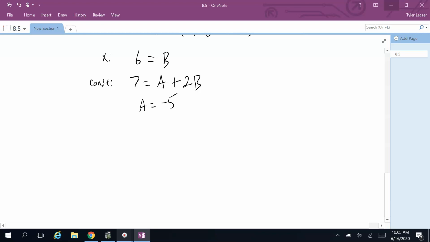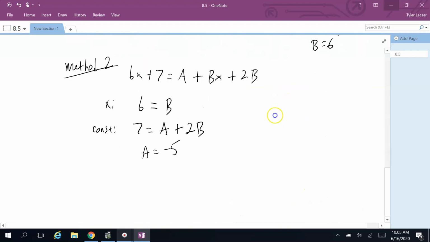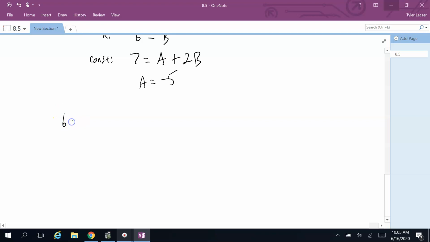All right, so basically, just going back up, remember that we were trying to find the partial fraction decomposition for this. What we're going to do is set this equal to the right-hand side where my a was -5 and my b was 6. So just rewriting it, 6x plus 7 over x plus 2 all squared is equal to -5 over x plus 2 all squared plus 6 over x plus 2.